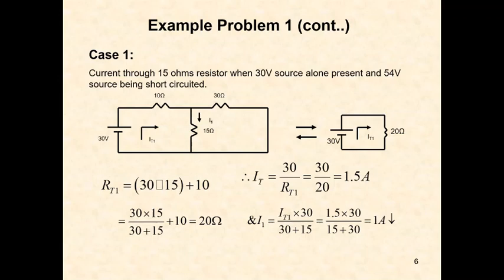So due to this 30 volt voltage source, the current flowing through the 15 ohm resistor is 1 amp.